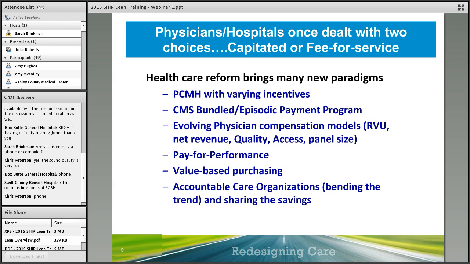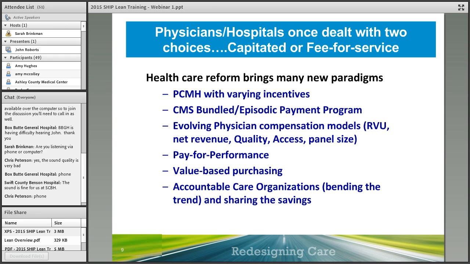But we're beginning to see all kinds of new paradigms and models in changing the healthcare system in this reform that we're currently undertaking. We're seeing things like patient-centered medical homes. We're seeing CMS look at bundled payments, episodic payments, more things like pay-for-performance, value-based purchasing, and accountable care organizations.